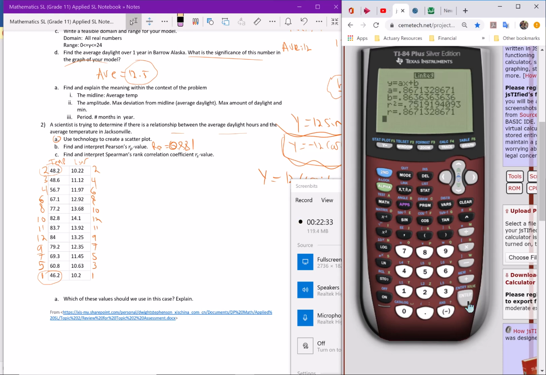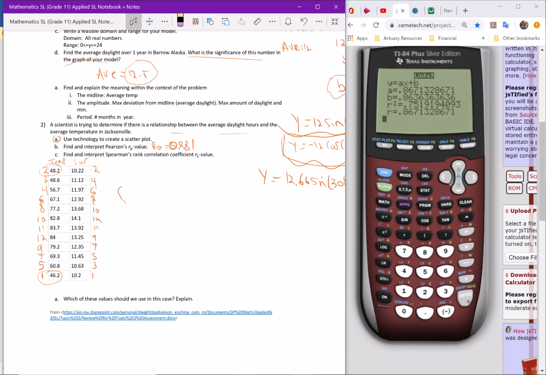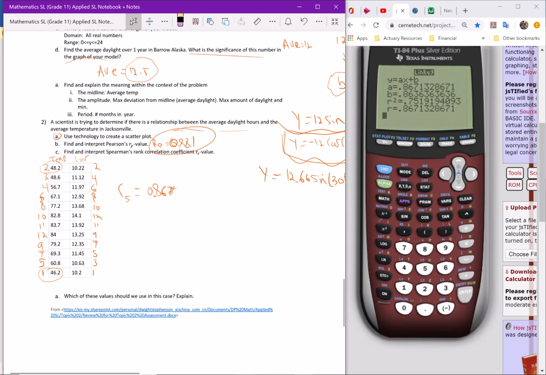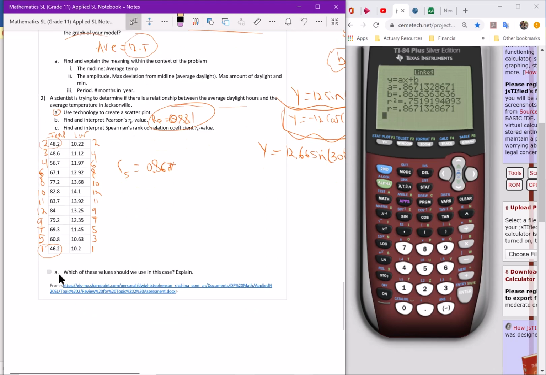And I get an R value. Spearman's rank correlation coefficient is 0.8867. So it just said find and interpret, so this means there is strong positive correlation, whereas Pearson's meant there was strong positive linear correlation.